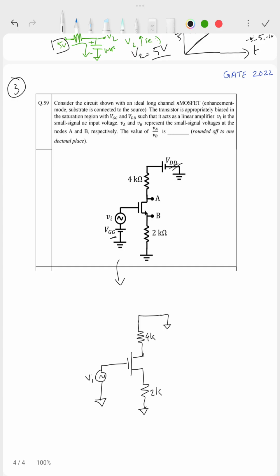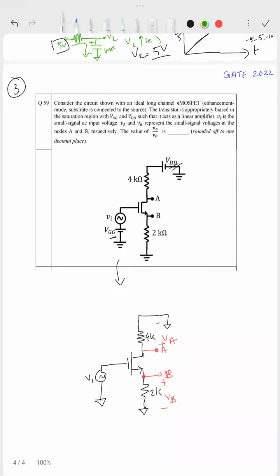Not in pi model, just with the transistor itself, and I need to find what is VA and VB. VA is the voltage from this node to the ground, so I can say this is the voltage across this, and VB is the voltage from this point to ground. Now from the circuit, this is the source.